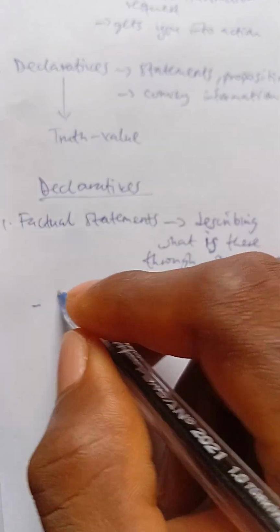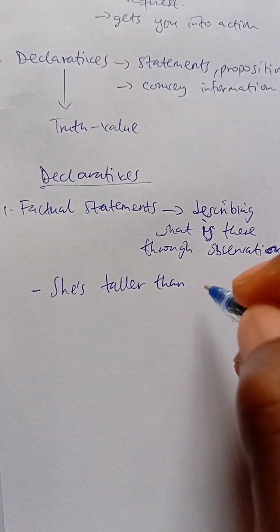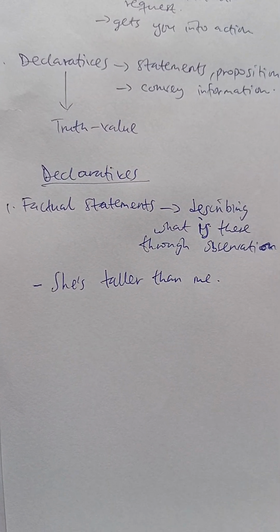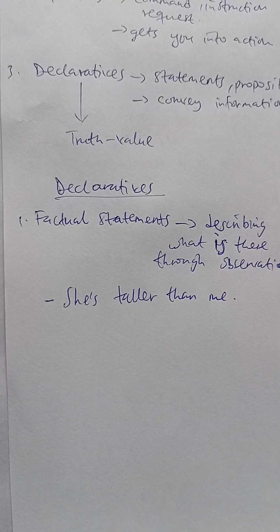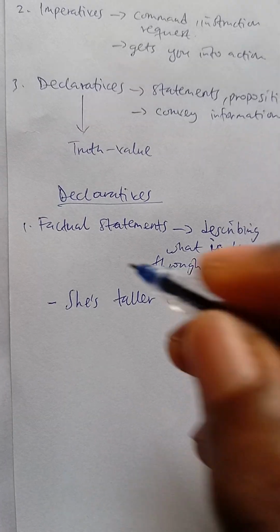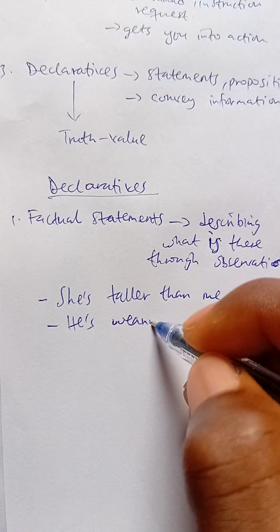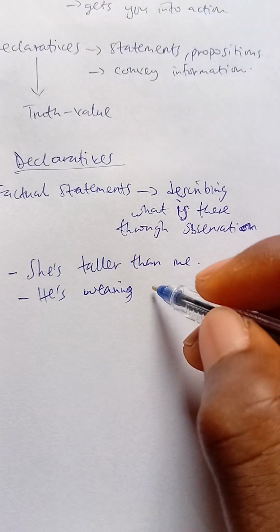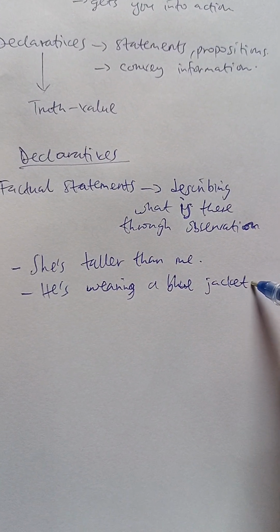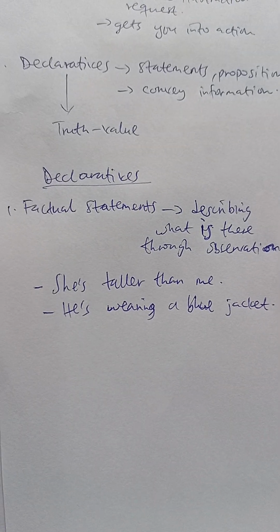Let's take this example. If I say she's taller than me, it's a factual statement. You can clearly see that this girl is taller than I am. If I say he's wearing a blue jacket, you can clearly see that he is wearing a blue jacket, so it's a factual statement.